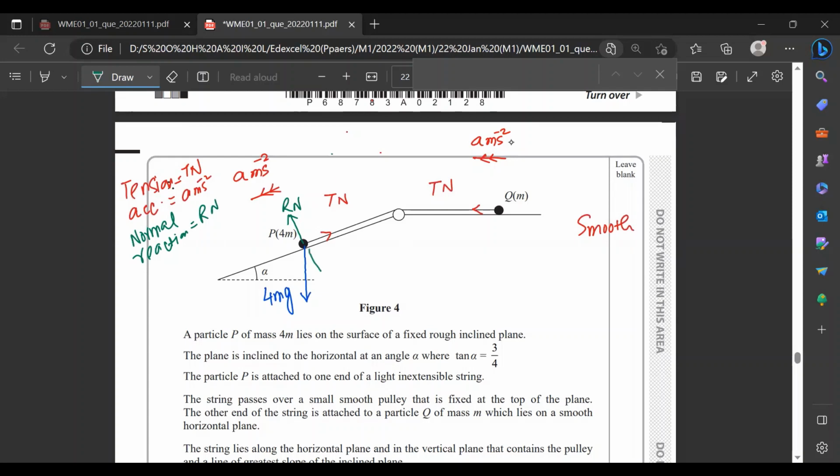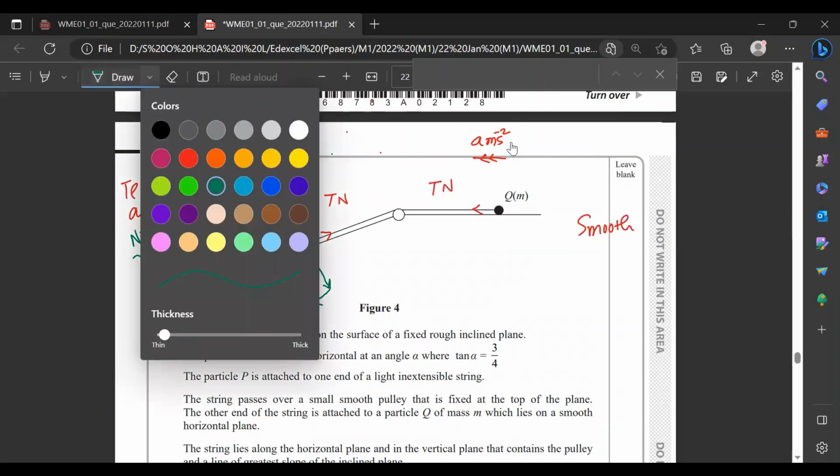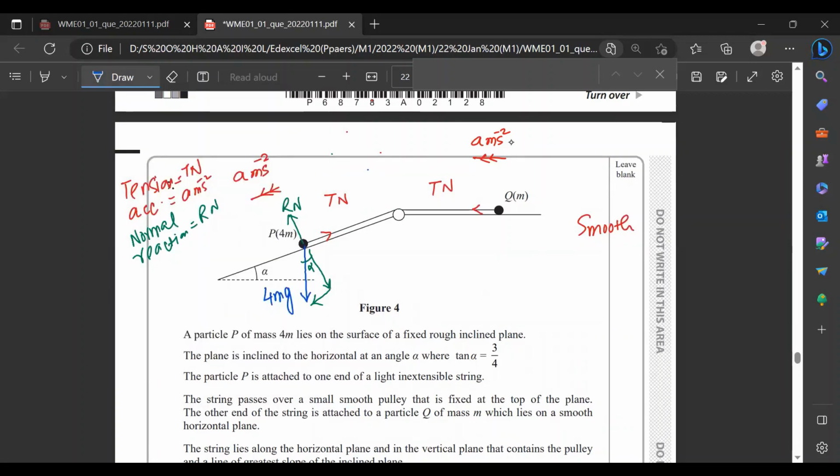You can resolve the force of 4mg into components. This angle is alpha, basic working, and this would be 90 minus alpha, and this angle is similar to that.